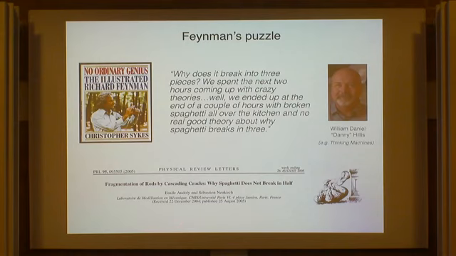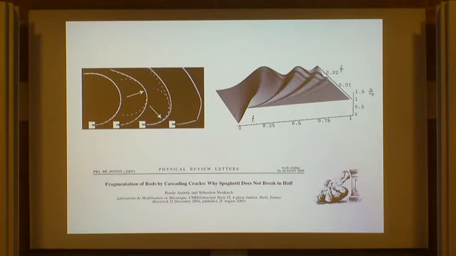The explanation for why you typically get 3 or more pieces is that when you start to bend the spaghetti, it breaks at the point of highest curvature, and then as the spaghetti wants to straighten out, it will create a second piece of supercritical curvature.